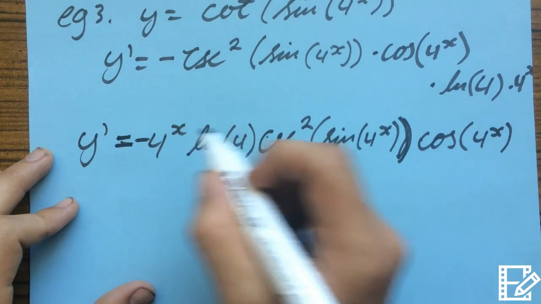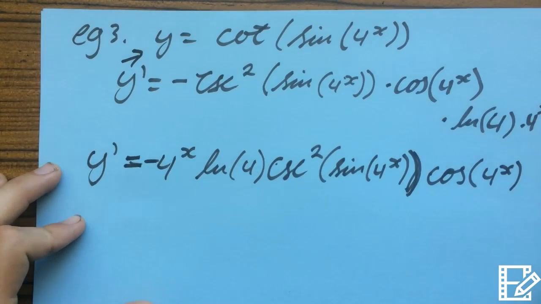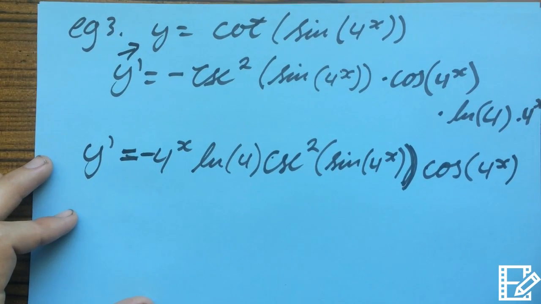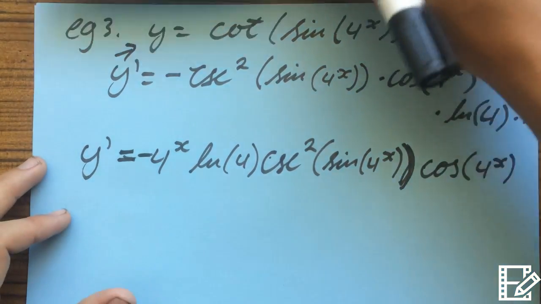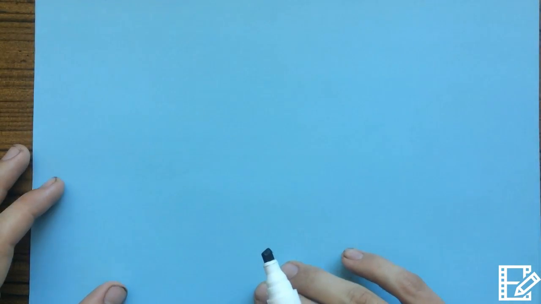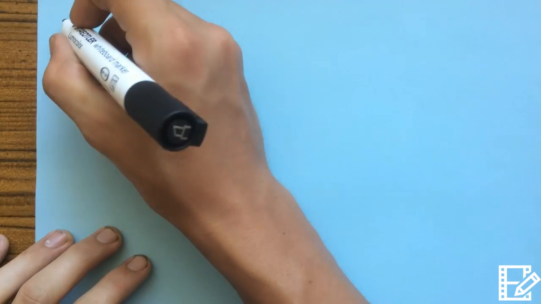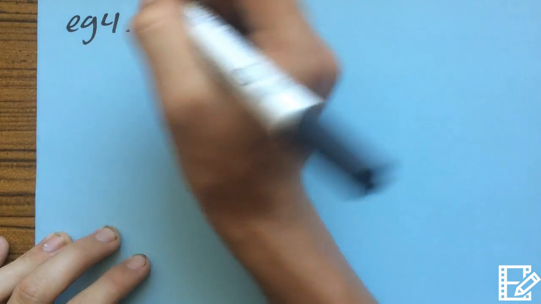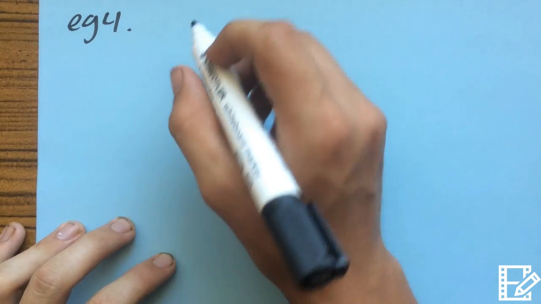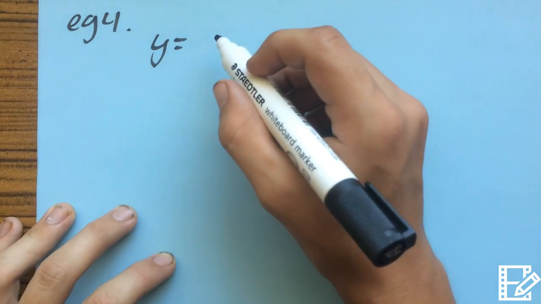And that there is the first derivative of that up here. Only do this if you're comfortable with doing derivatives at a faster pace. I'm still doing them fairly slowly because I'm explaining it, but hopefully you are understanding.